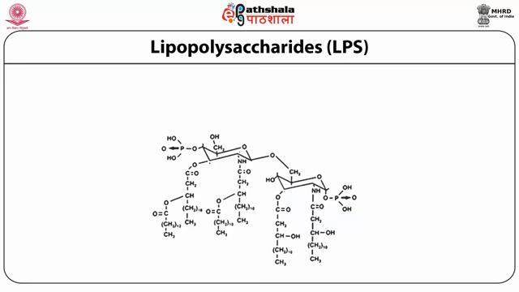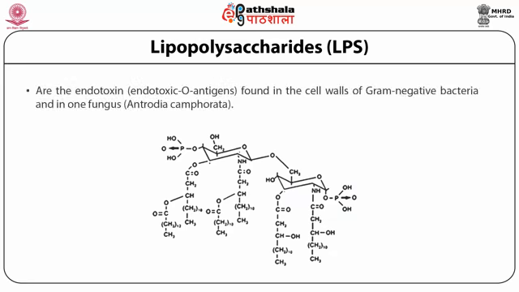Lipopolysaccharides are the endotoxins emanated from the cell wall of gram-negative bacteria. They are also found in a fungus named Antrodia camphorata.